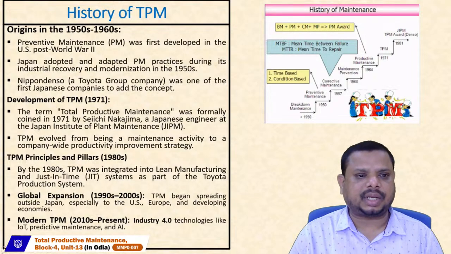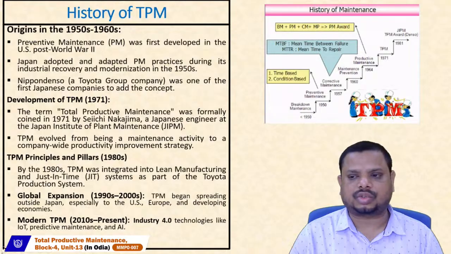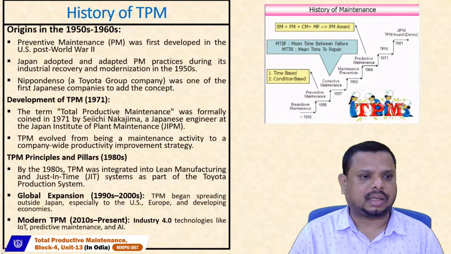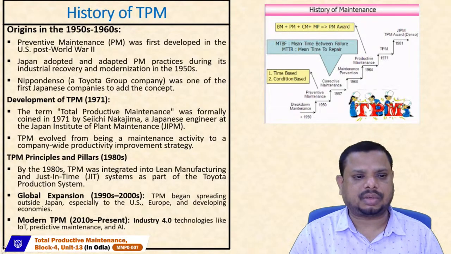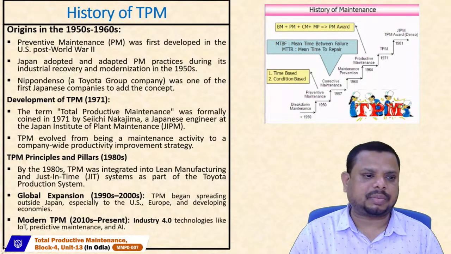Preventive maintenance was first developed in the US after World War II, and Japan adopted this concept, even adopting preventive maintenance practices during its industrial recovery and modernization in the 1950s. The next is Nippon Denso.